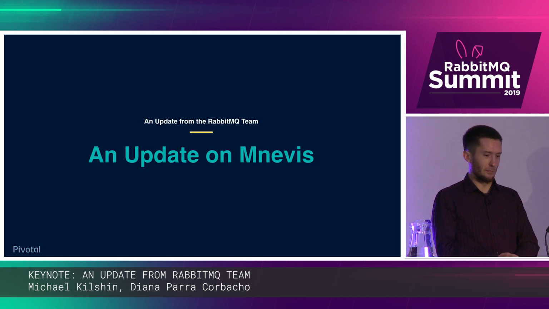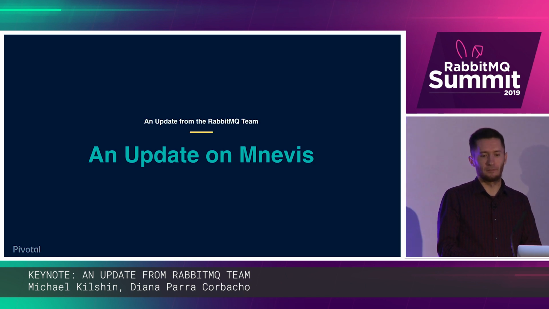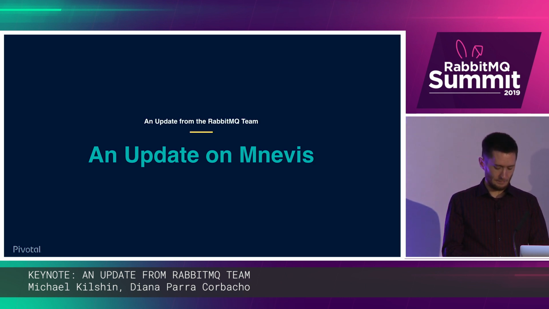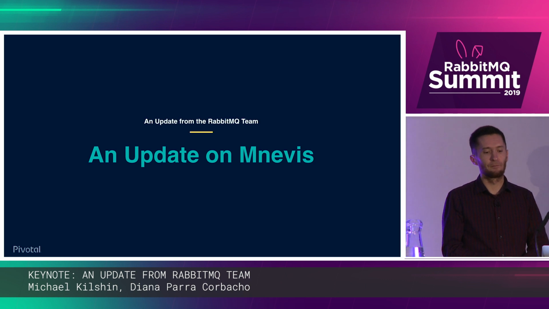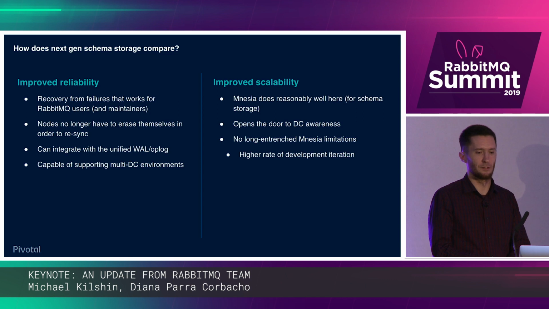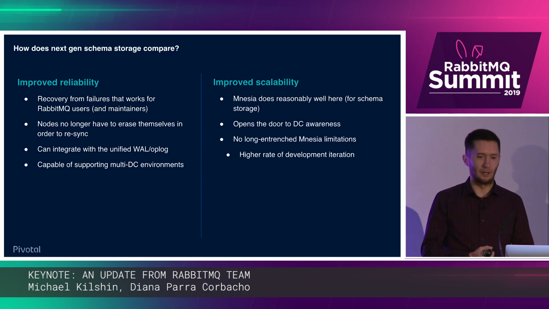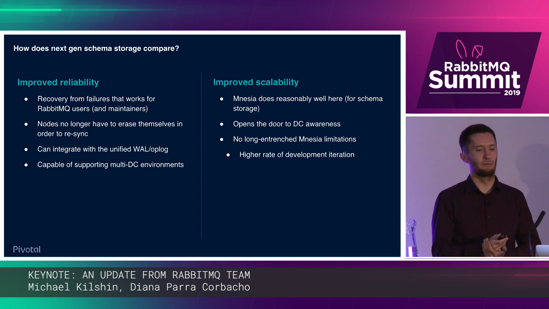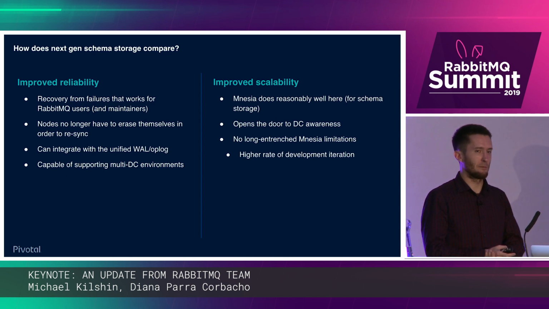So last year we presented on a research project called Nevis, and what happened to Nevis in these 12 months? So first, let's recap what Nevis is and why we need it. It's a schema data store.